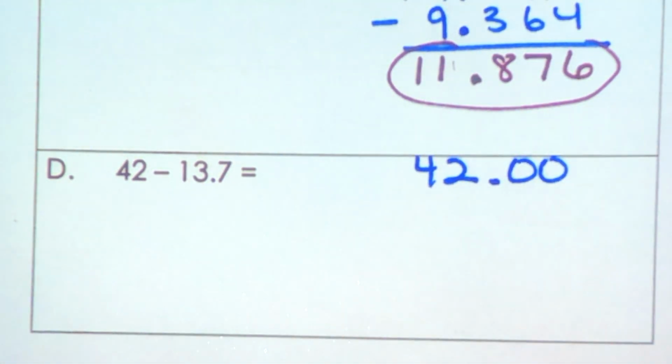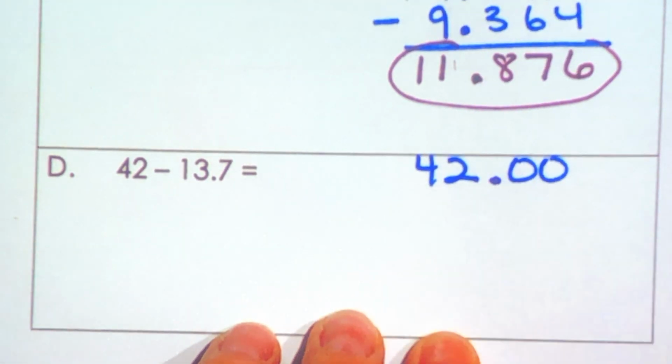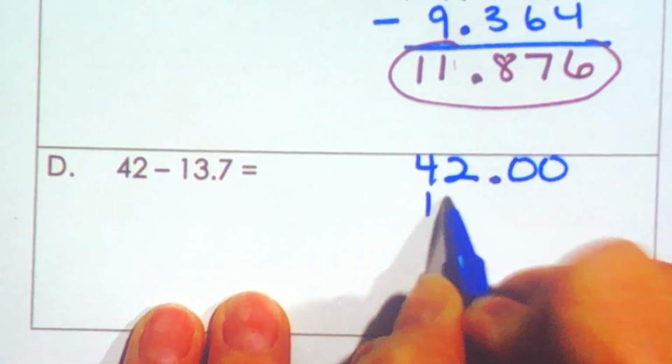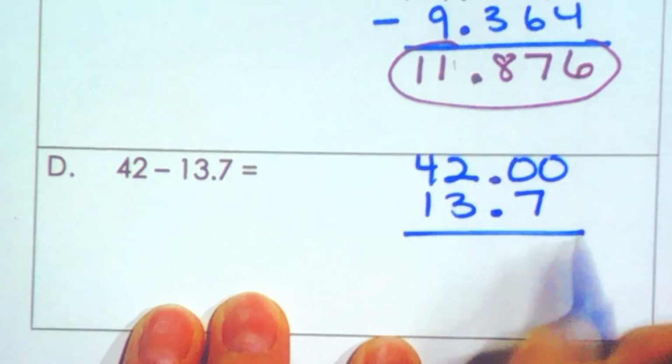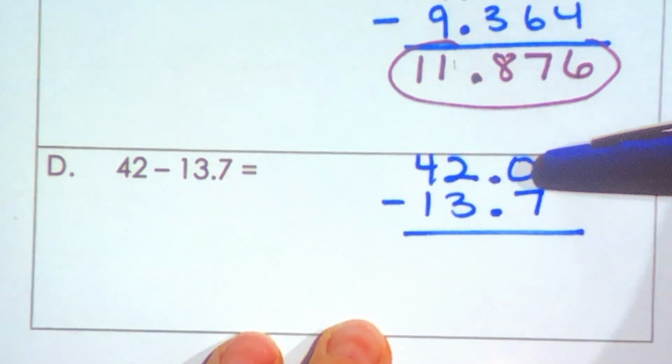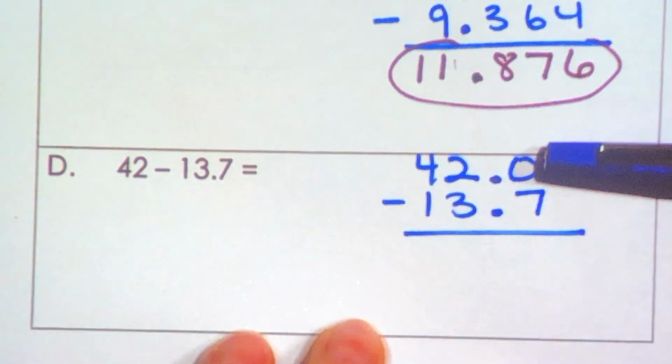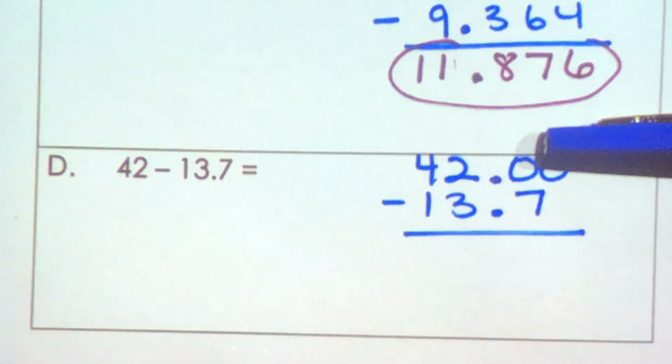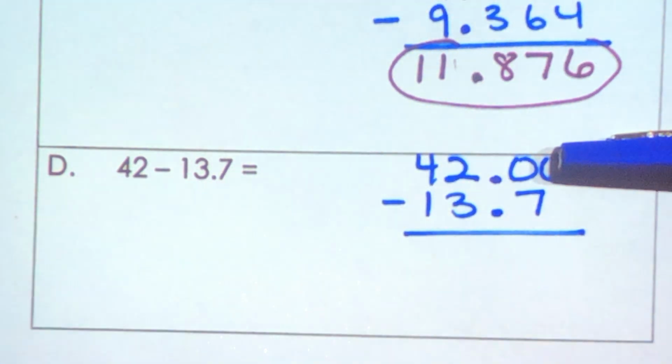Yes, I sure can. So you can add a decimal point and a 0. There technically is a decimal point after a whole number. You just don't see it all the time. So 13.7, I'll write that here. And this is a subtraction problem. Now, we didn't have to add to this second 0, so I'm going to kind of ignore it. I'll put my pen right over top of it like it never happened. There we go.